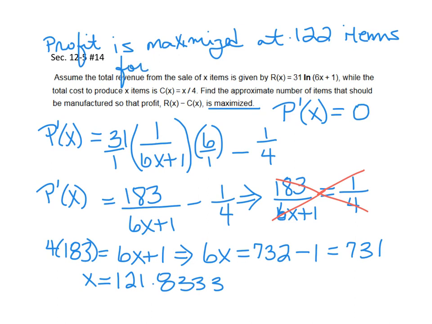For, and they didn't ask us what this was, but since the profit is 31 times the natural log of 6 times 122 plus 1, minus the cost, which is 122 divided by 4, and that is the quantity 122 divided by 4, so be sure and put parentheses around that.